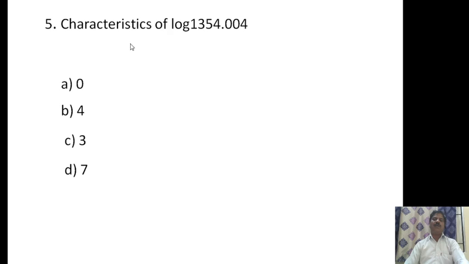The correct answer to this question is option C. The characteristic will be 3 because of the decimal point. On the left side of the decimal point, how many digits are there? There are 4 digits. 4 digits minus 1 is 3, and 3 will be the characteristic of the logarithm of 1354.004.